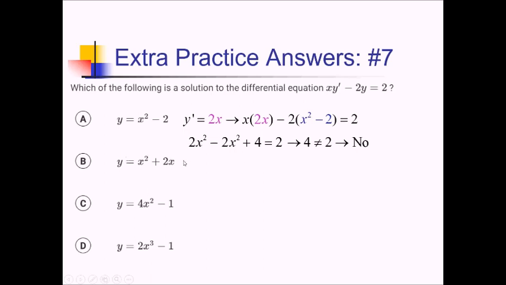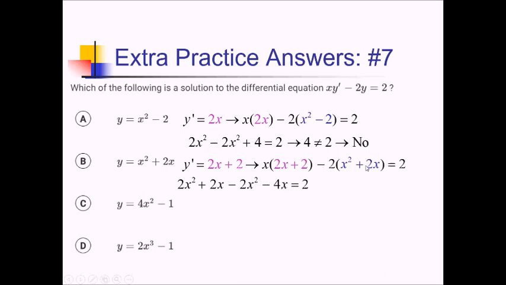For choice B, the y prime is going to be 2x plus 2. Plugging that in along with the original, we have x times parentheses 2x plus 2 minus 2 times that original function of 2x squared plus 2x. And let's see what all this comes out to. So we've got 2x squared plus 2x minus 2x squared minus 4x equals 2. 2x squareds, they're not right next to each other, but they still cancel out.